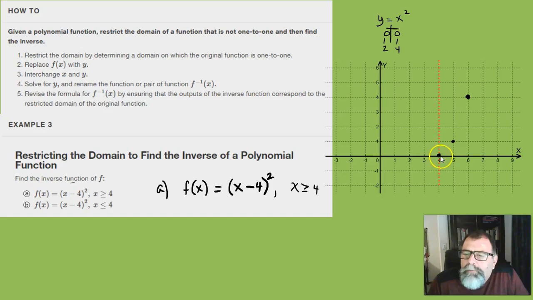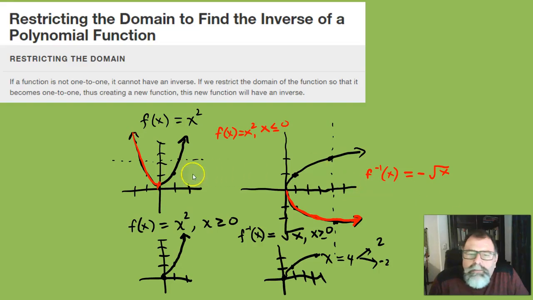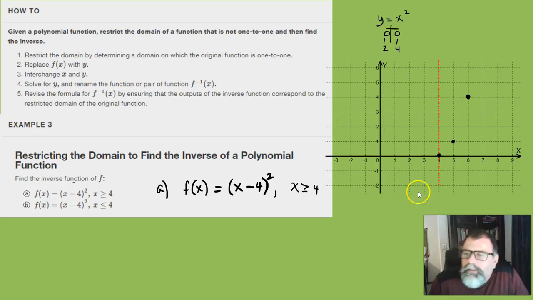But I count from the pretend origin. See? So 0, 0, 1, 1, 2, 4. Basically I'm just doing this picture, but I move it 4 units to the right. And if you learned that idea, that makes graphing this super easy. Okay, that's the parabola. It should be something like that.